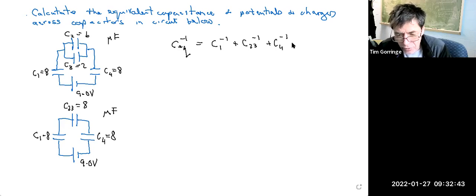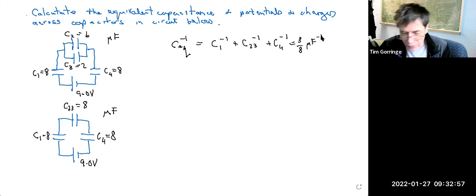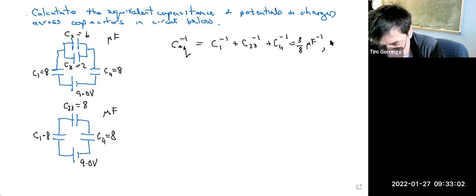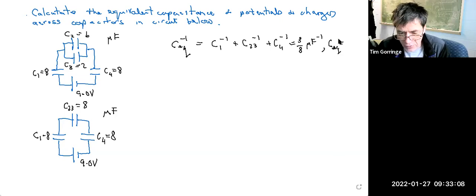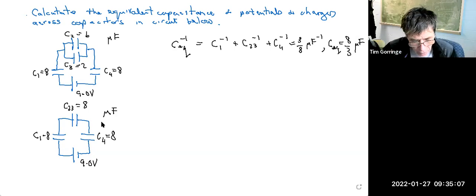So the sum of the reciprocals is 3/8 inverse microfarads. And if we just take the reciprocal of that, that gives us the equivalent capacitance. So the equivalent capacitance of the entire network is the inverse of 3/8, which is 8/3 microfarads.